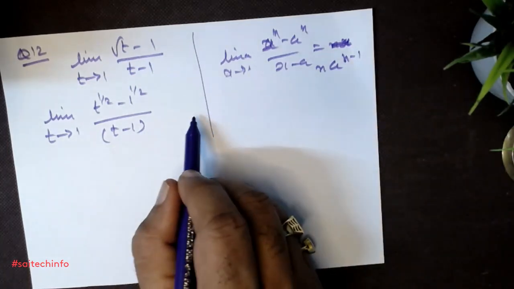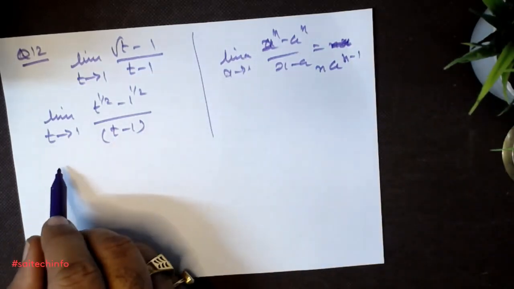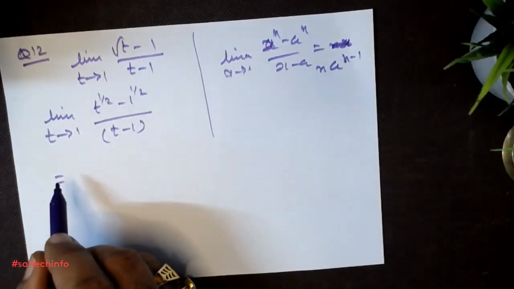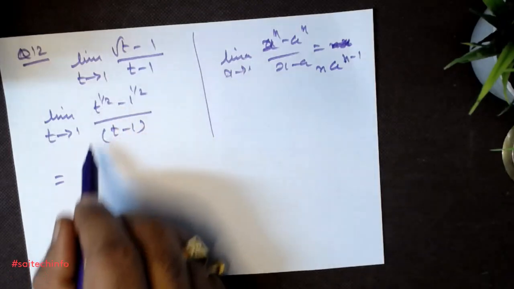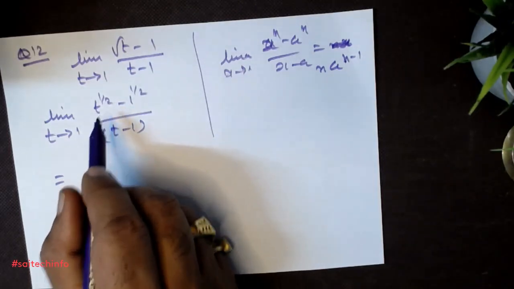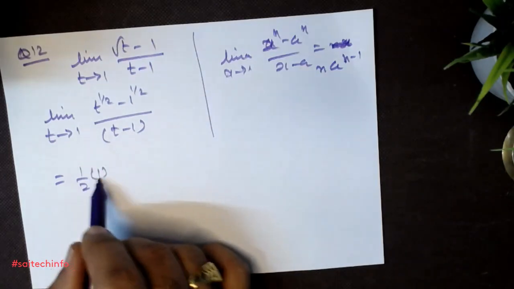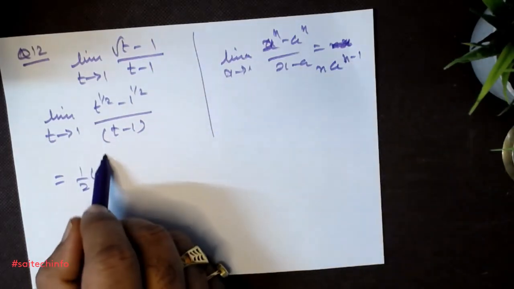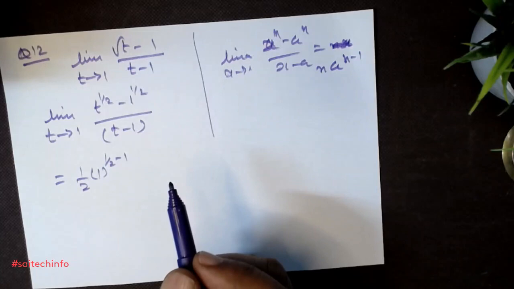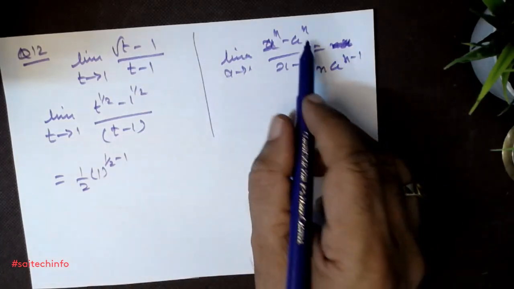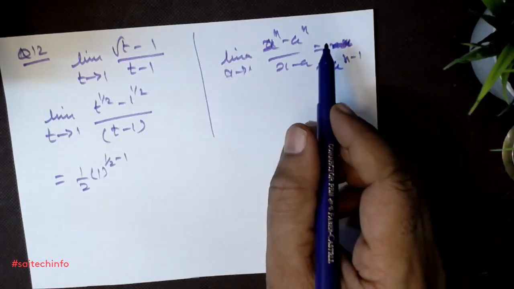Okay, so here we can apply the same formula. So that is equal to t power half. Here n is half, so 1 by 2 into a is 1 power 1 by 2 minus 1, correct? 1 by 2 minus 1, because n is equal to 1 by 2.